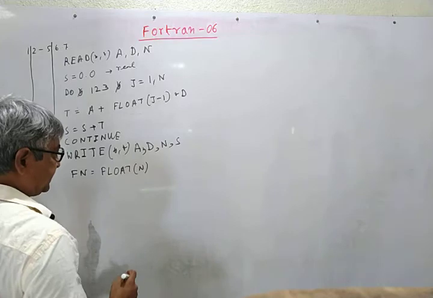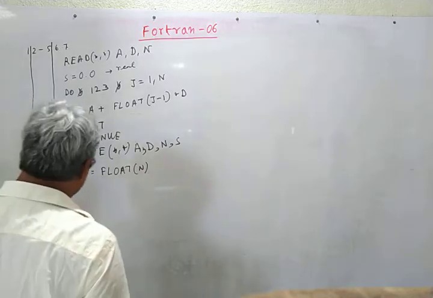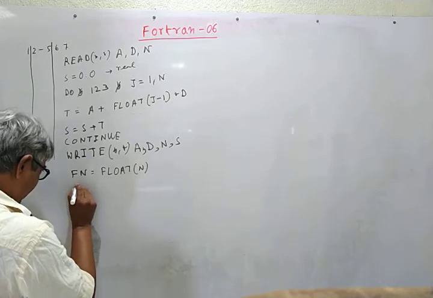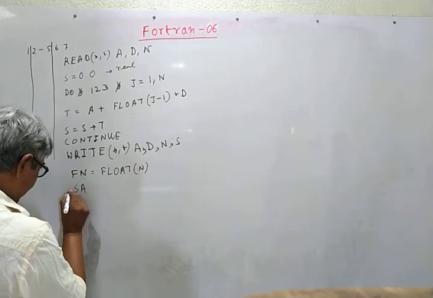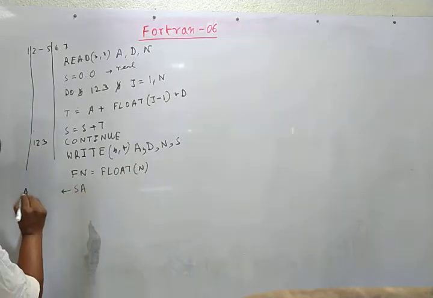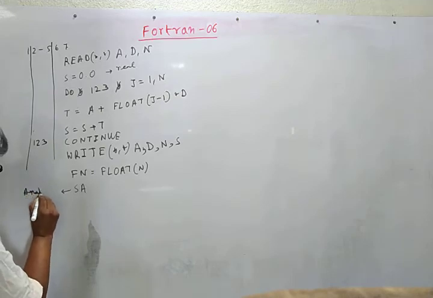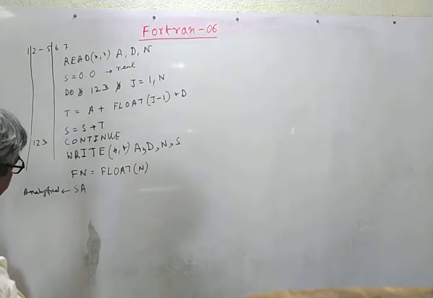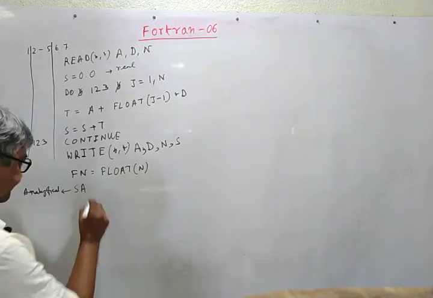If n is 10, then fn is 10.0, the corresponding real number. Then we write S analytical, the analytical sum. Analytical sum means the sum that is obtained from the formula.